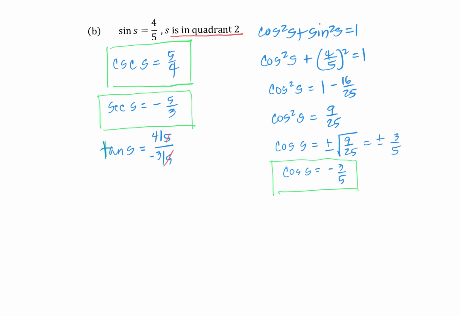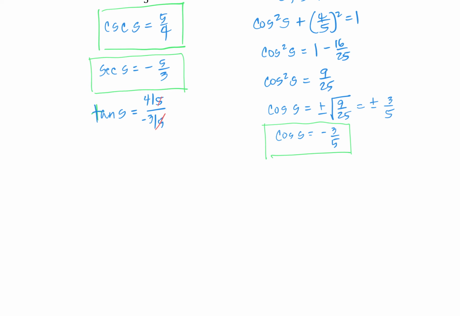Tangent of s is equal to negative 4/3. It makes sense that it's negative because we're in quadrant 2 and tangent is negative in quadrant 2. Okay, last thing I have to find is cotangent, piece of cake because I have tangent. Cotangent is the reciprocal. Cotangent of s is going to be negative 3/4.